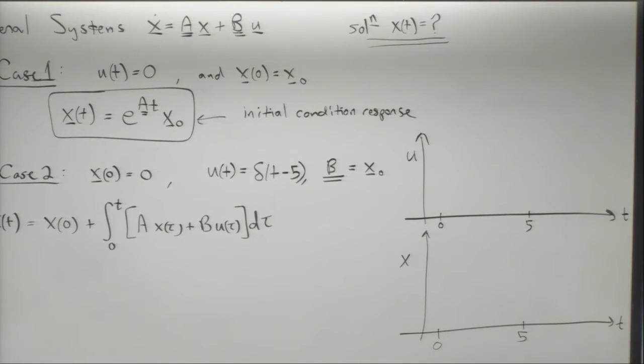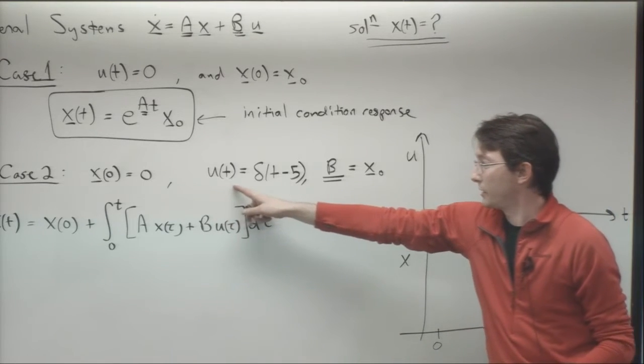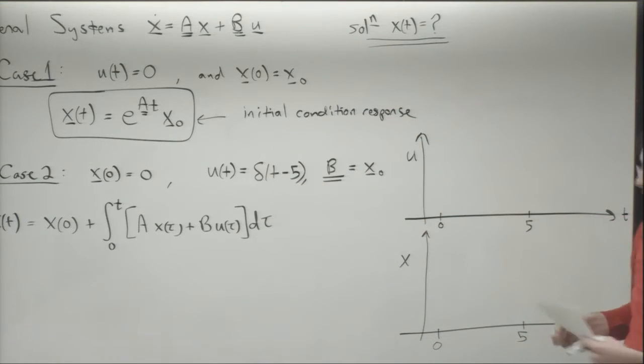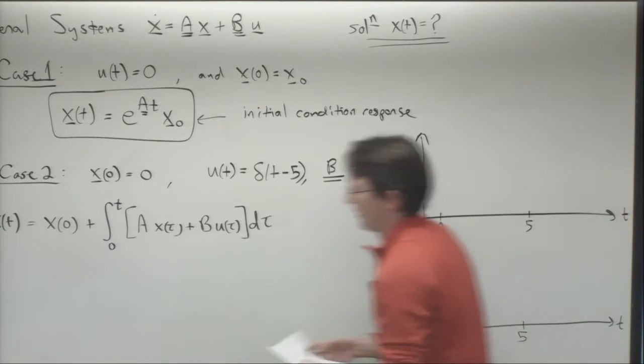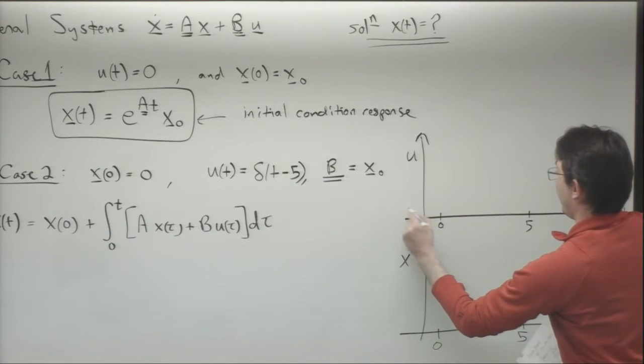Our u function is 0, 0, 0, 0, and then at time 5 it's a delta, and then it's 0 forever after. So u looks like a delta at time 5, and this is 0.